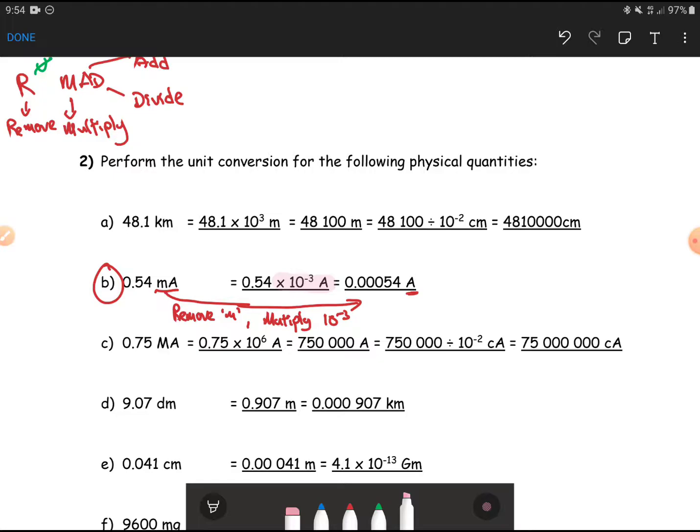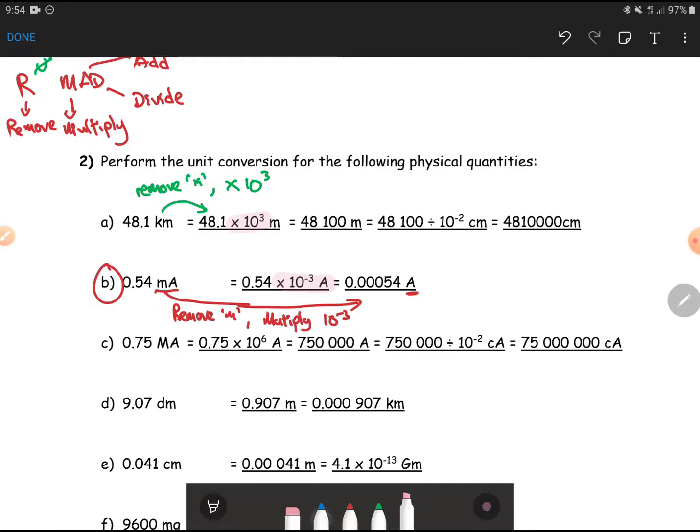Okay, taking a look at another one, if we look at option A now, question A will show you the full manipulation for RUMAD. So from here to here, we remove the prefix of K. So we have to multiply by 10 to the power of 3, and that's what you see over here.